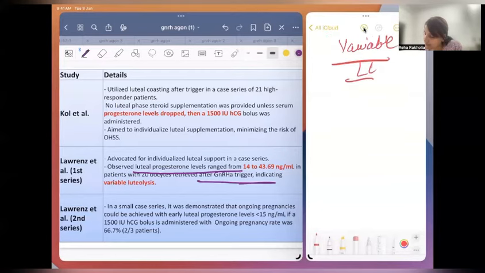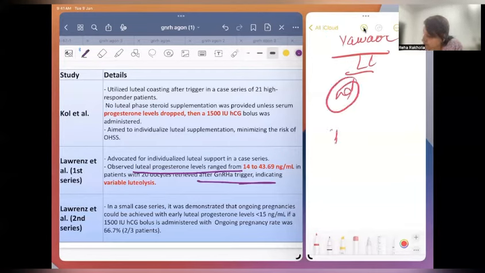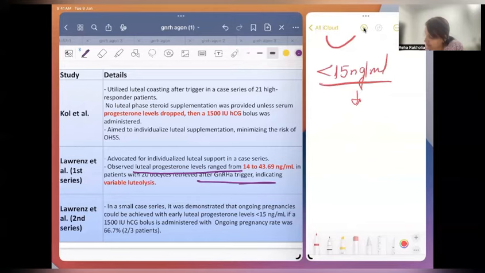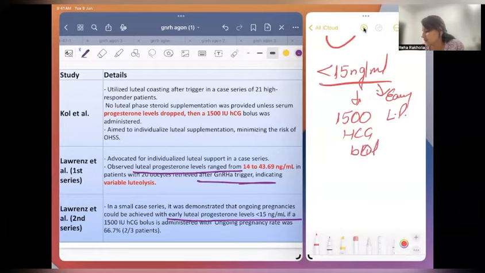Now, the second part of this study showed that if the early luteal progesterone level is less than 15 nanogram per ml, and we give a 1500 IU HCG bolus, the pregnancy rate will be good.